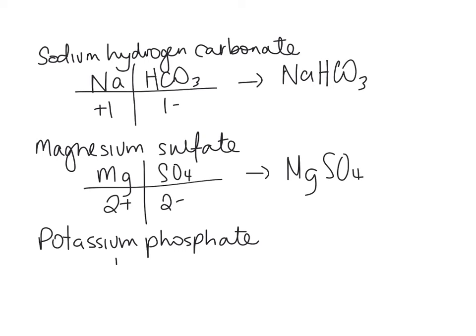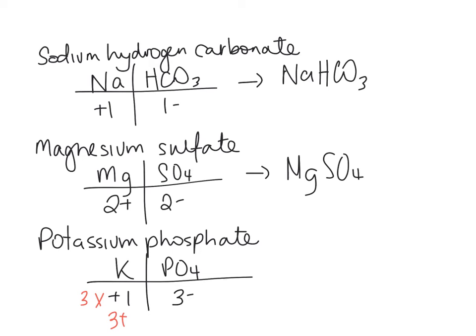Potassium phosphate. Potassium and phosphate. So the charge on phosphate is -3. The charge on potassium is +1. These do not add up to be 0. You would have to multiply potassium by 3 to get 3 plus.